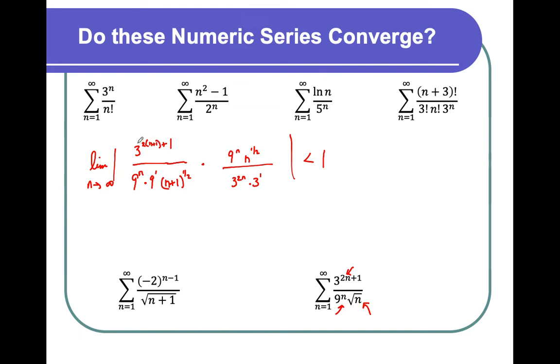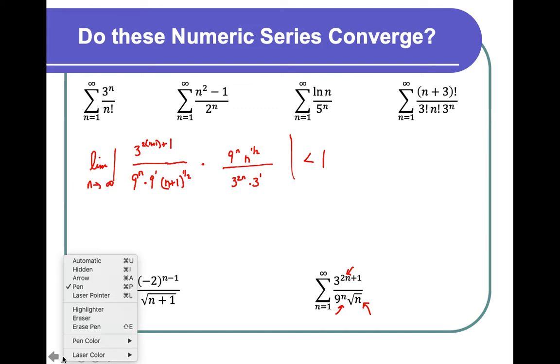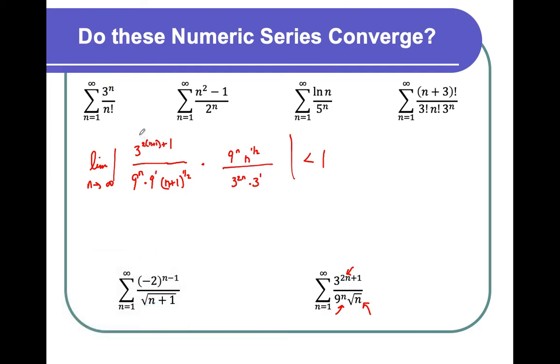Now, what the hee-haw is this? What do I have here? This is 2n plus 2, but 2n plus 2 plus 1 is 3 to the 2n plus 3, isn't it?